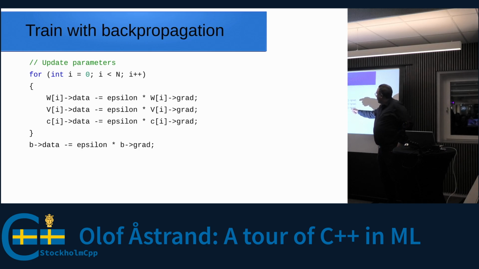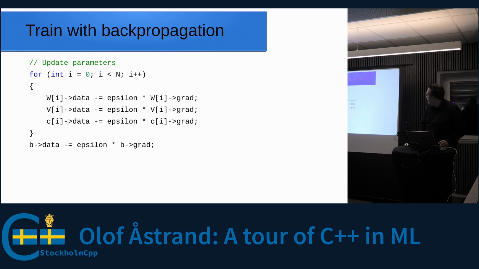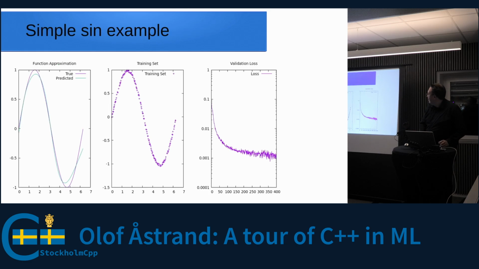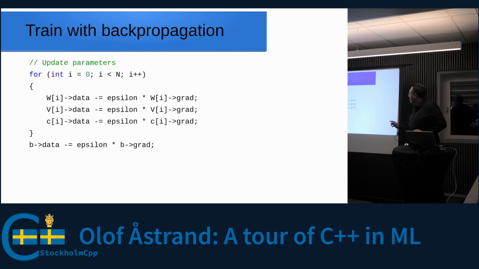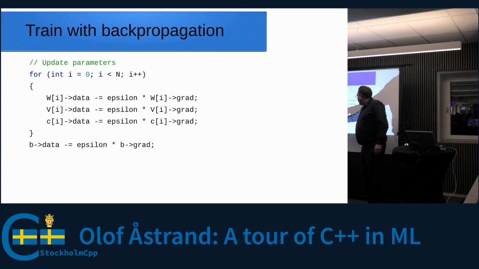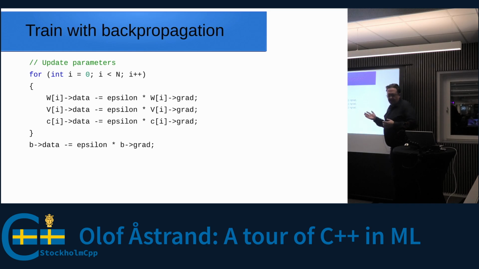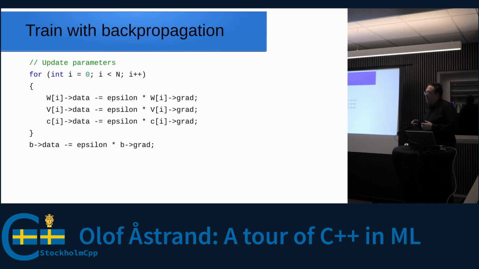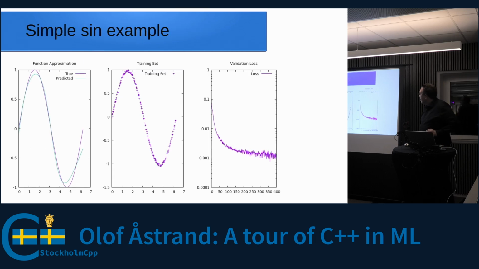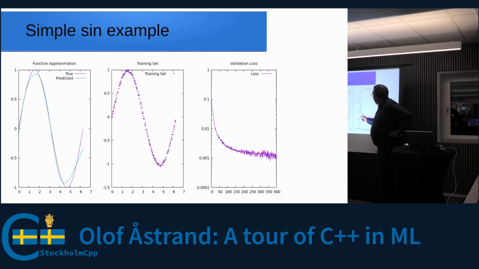These are the weights from the first and the second layer. Also important, as we saw in the example, is the epsilon: how big steps you take for each epoch of training. In this example, you have the training set, and you look at the validation loss, and then the end result is this function approximation.